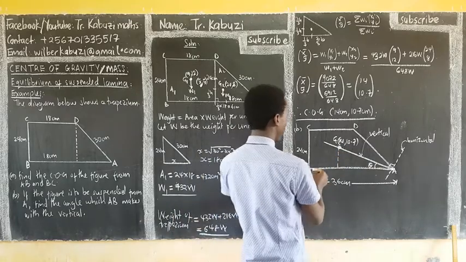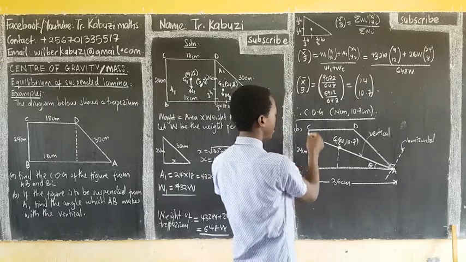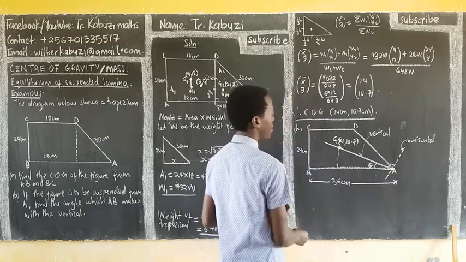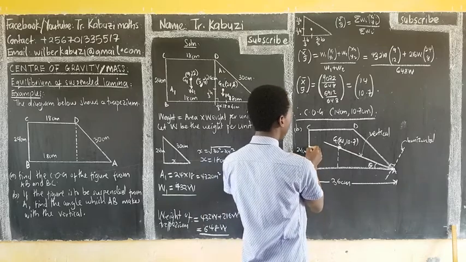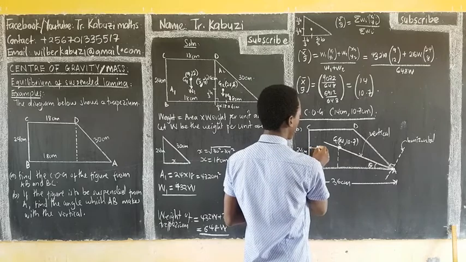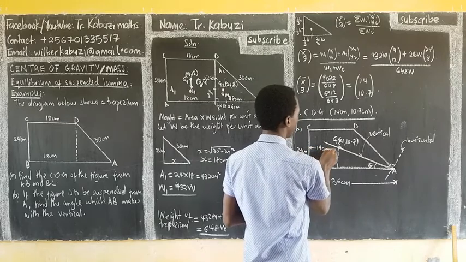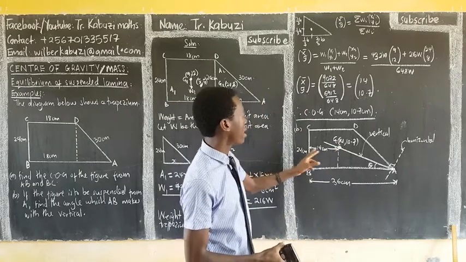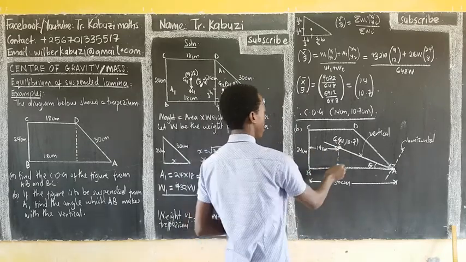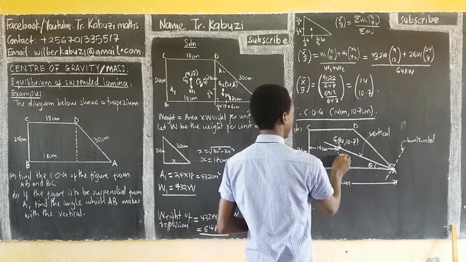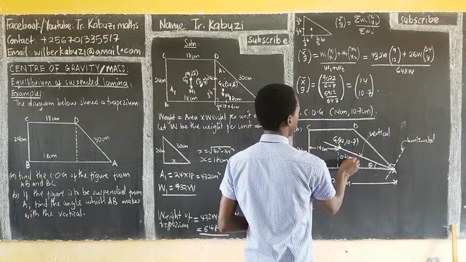Now, from here, because I determine this from BC and AB, from here up to here, I have 36 centimeters. But now, from BC, from here up to here, the length is 14 centimeters, because that is the horizontal distance from here up to here. And then from this up to this, I have 10.7 centimeters.